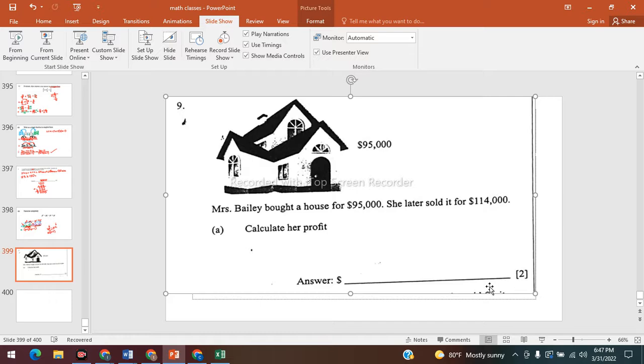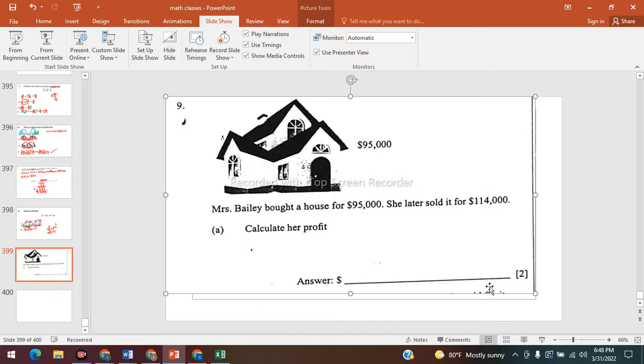Anyone else? Yeah, 19,000. How did you get 19,000? You subtract how much she bought the house for from how much she sold it for, and then you get the profit.